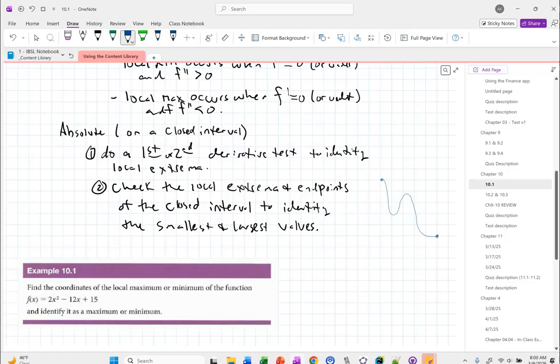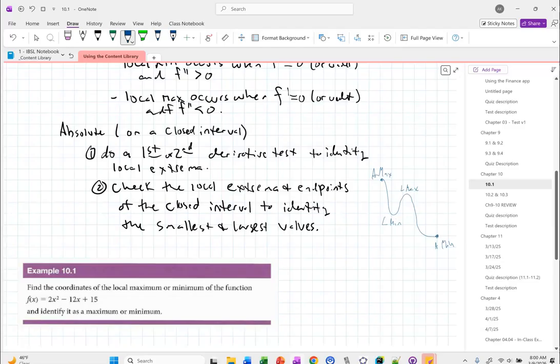So say like our function looked like this. Because we're on a closed interval, the endpoints of our graph are points. So I have a local min here, I have a local max here, but this guy's my absolute max, and this guy, my absolute minimum, right?